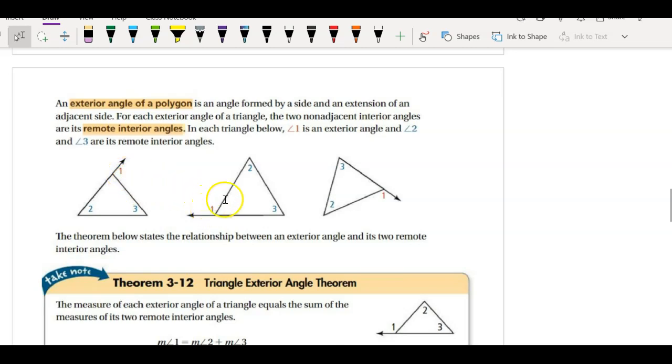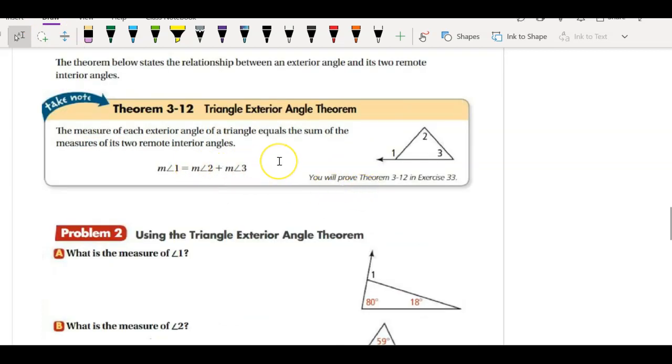So angle 1 is equal to angle 2 plus angle 3. This can come in really handy. That was essentially the triangle exterior angle theorem. The measure of each exterior angle of the triangle equals the sum of the measures of its two remote interior angles. So if angle 1's right here, the two angles that are furthest away.